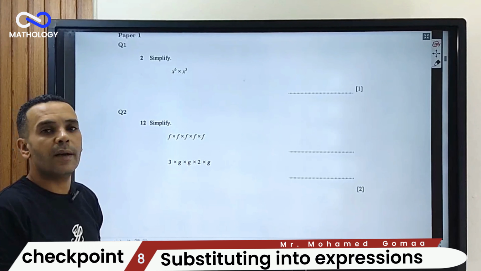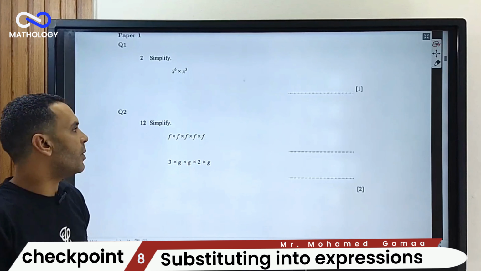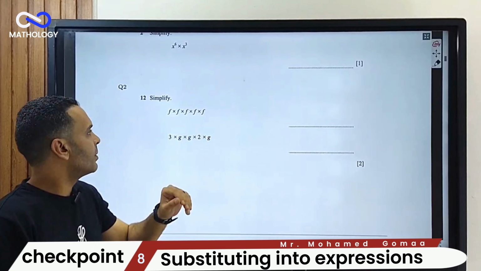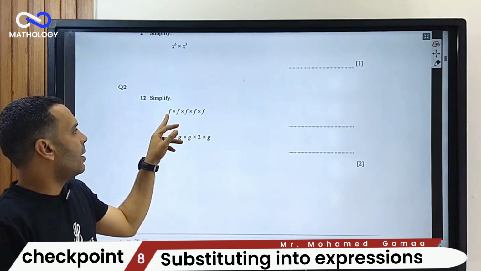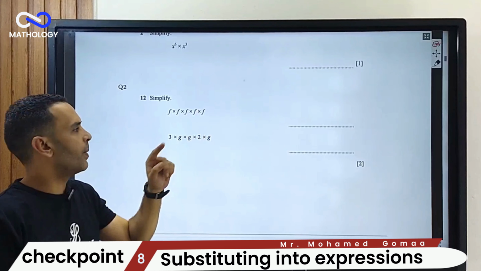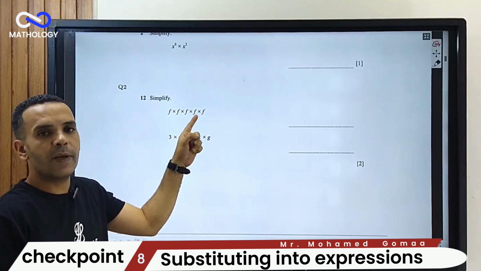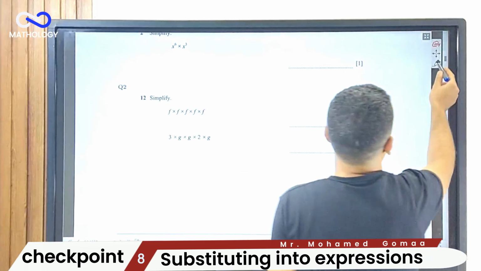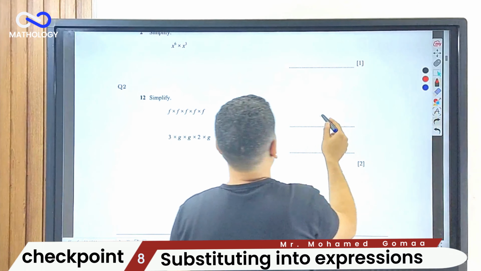When we multiply like terms, we add their powers. Like this one, f multiply f 5 times. Each f is raised to power of 1. F power 1 multiply f power 1 multiply f power 1. It will be f to the power of 5.